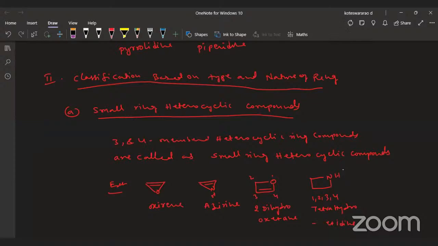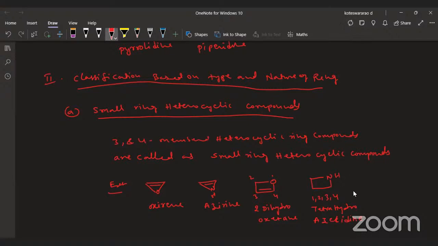Again, I'm writing it, it's not clear. Azetidine. Okay, this is the first type of heterocyclic compound in this class, based on the type and nature of the ring.